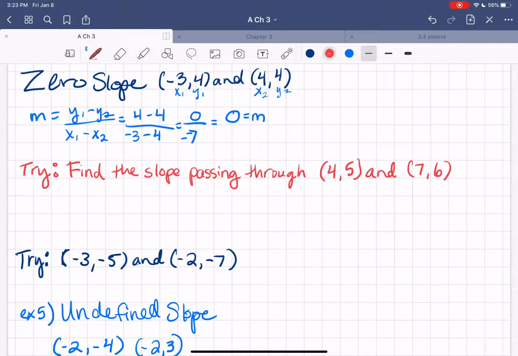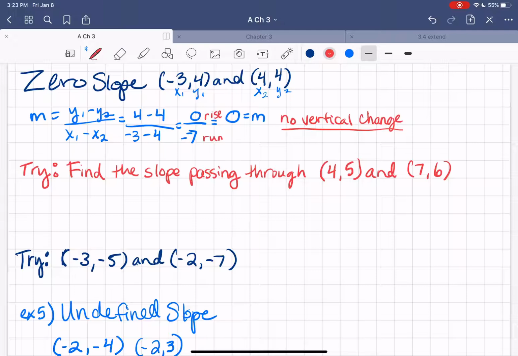This is meaning a rise of 0, so no vertical change. And then we have a run of -7. So no vertical change is very important here.